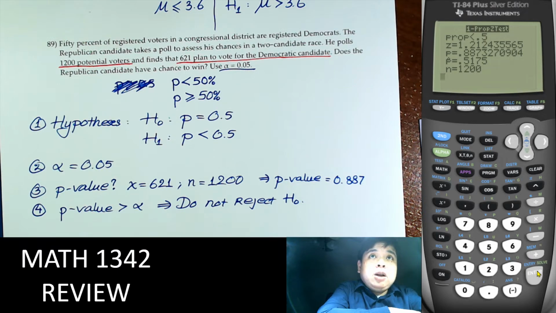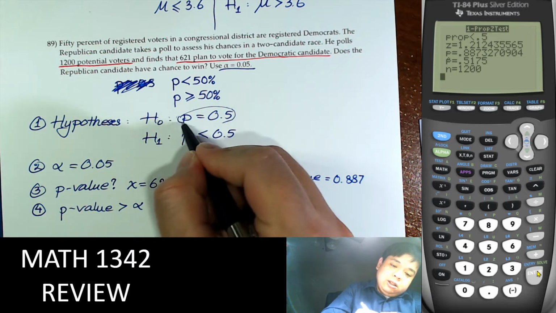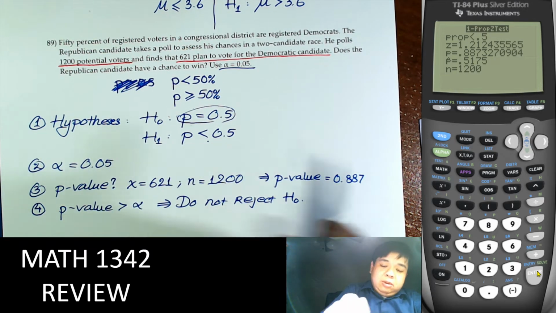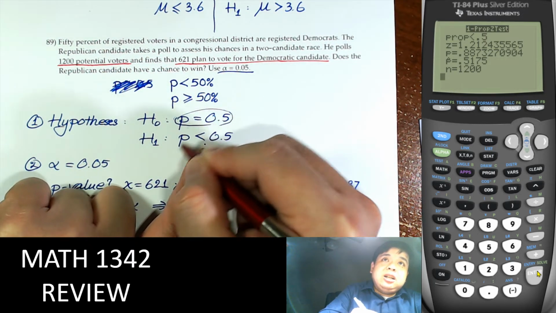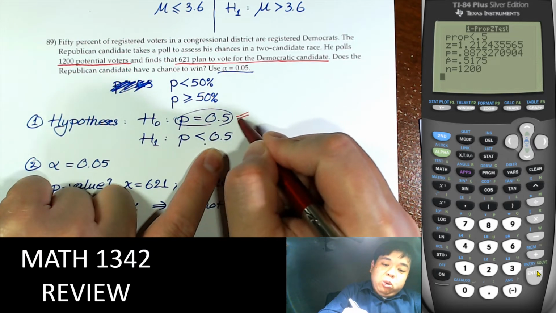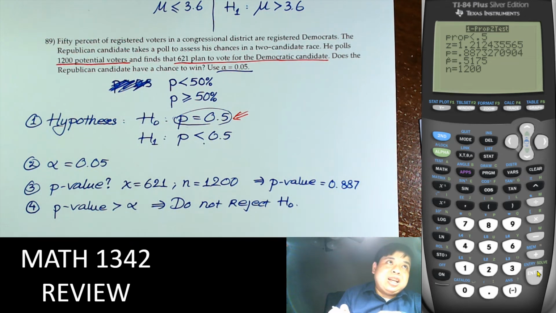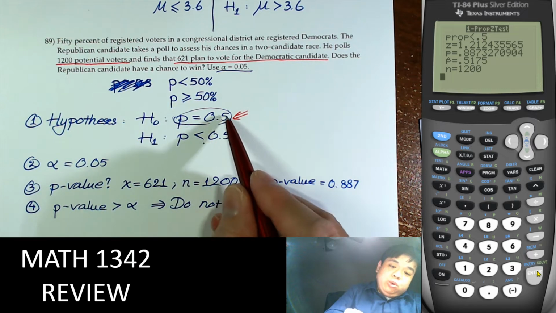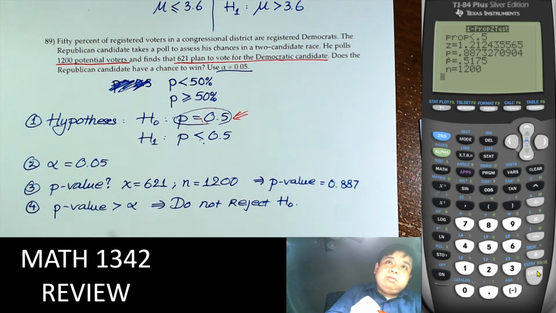Right. So that means we're going to go with this, and we're not going with this. And this is when he has a chance to win, where the opponent has less than 50%. Since we go with the null, we say that the Republican candidate has no chance, because we do not reject this. If we reject this, we go with the H1.